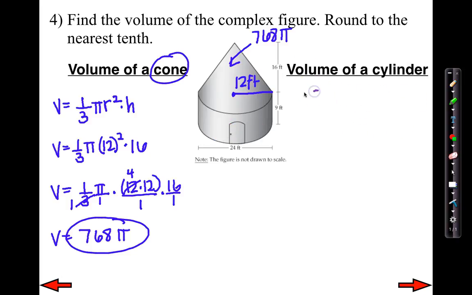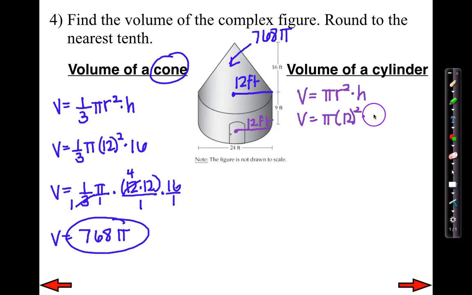So the cylinder is volume equals the area of the base, which is a circle. So it's pi r squared times the height. So here I'm interested in finding what the radius and the height is. Since the diameter of the cylinder is 24, again, we can go ahead and make the assumption that the radius is 12 feet. So I'm going to put pi times 12 squared times the height.